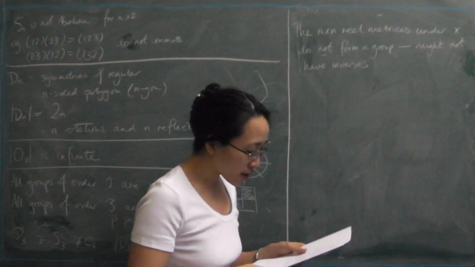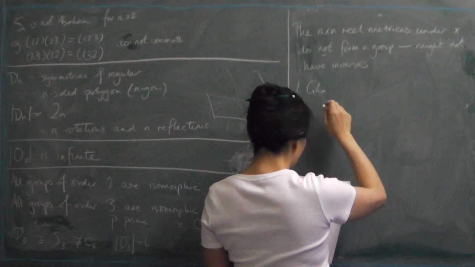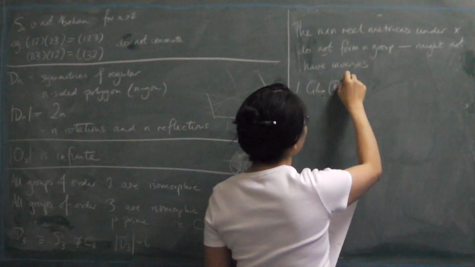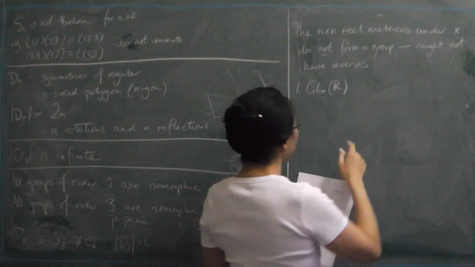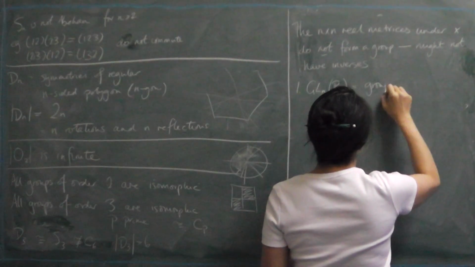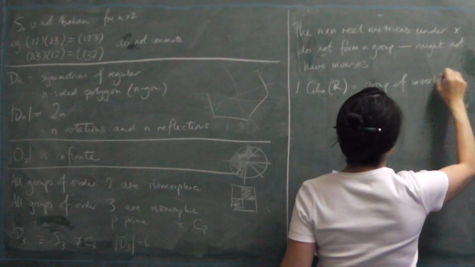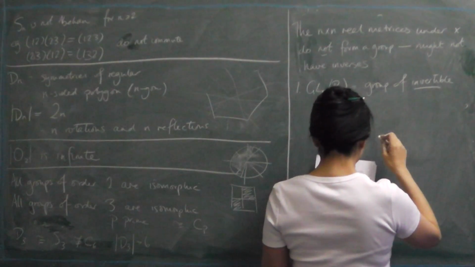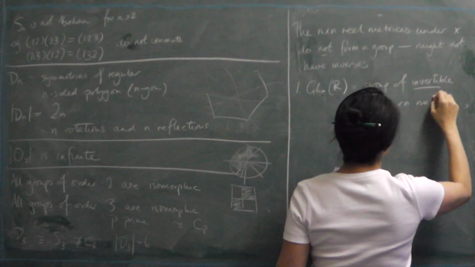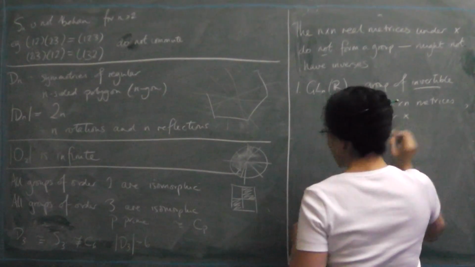So we can restrict to those ones, and that's called the general linear group, GL, of n by n matrices with coefficients in the real numbers. This is the group of invertible real n by n matrices under multiplication.